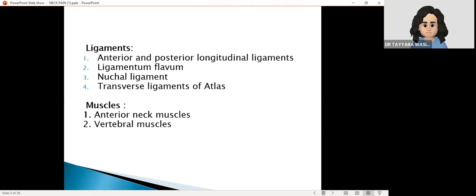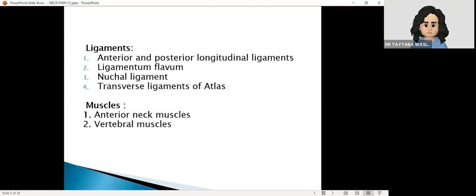The anterior longitudinal ligament connects the anterior aspects of the vertebral bodies, and the posterior longitudinal ligament connects the posterior aspects of the vertebral bodies. Then comes the ligamentum flavum, the interlaminar ligament that connects the interlaminar region of two adjacent vertebrae.